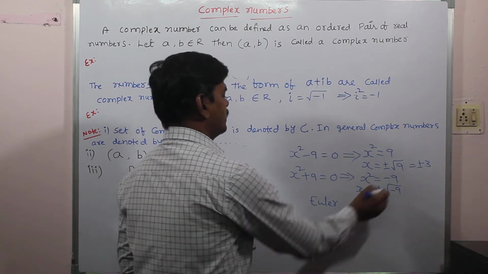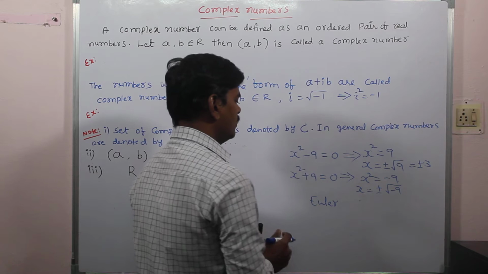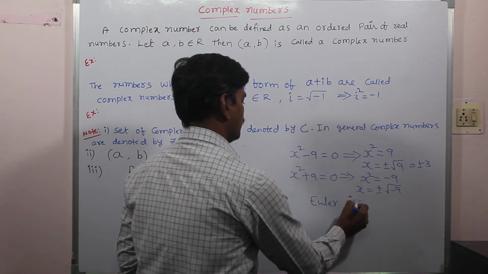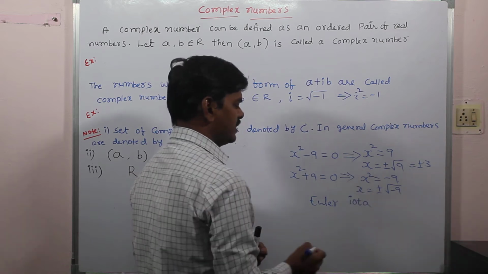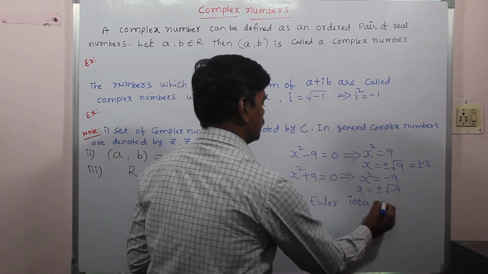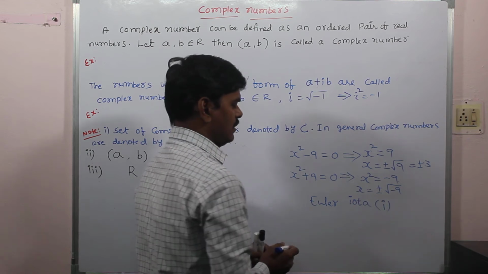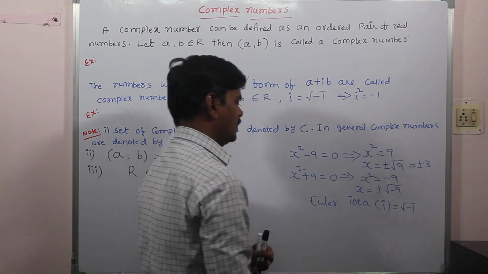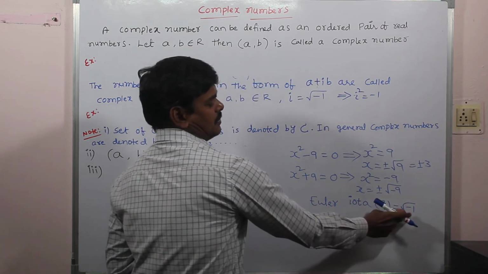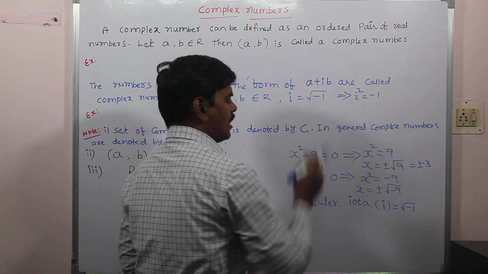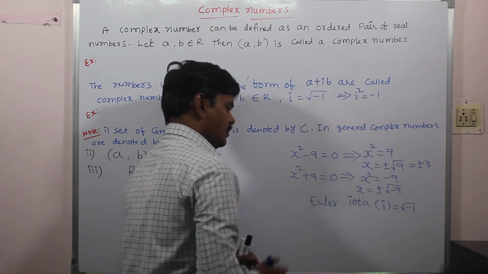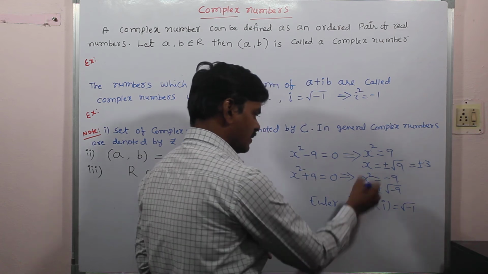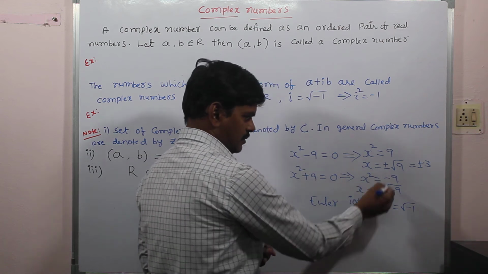Whenever you have a negative real number under the square root, he gave a solution by introducing a symbol iota, denoted by small i, in place of root over minus 1. He said to use iota in place of root over minus 1. Now we can find the solution of this equation.